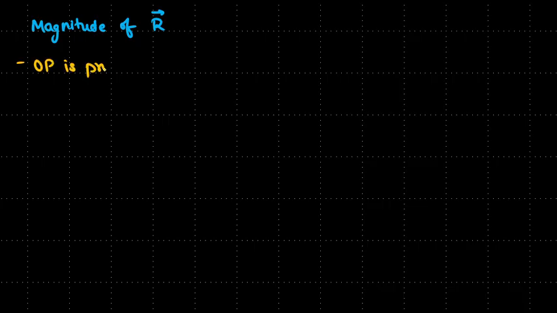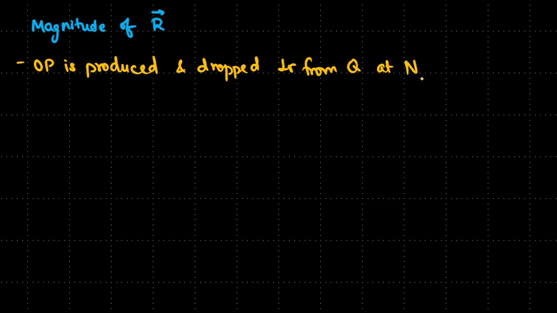OP is produced and dropped perpendicularly from Q at N. So to understand this, let's actually read the statement that I'm talking about. OP is produced and dropped perpendicular from Q at N.